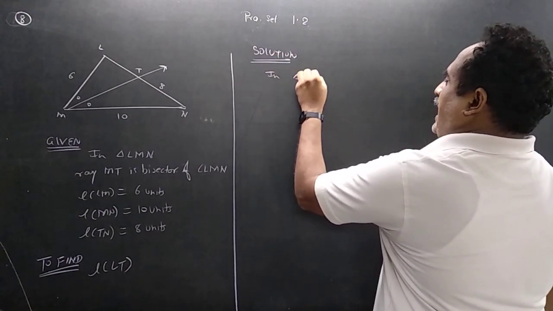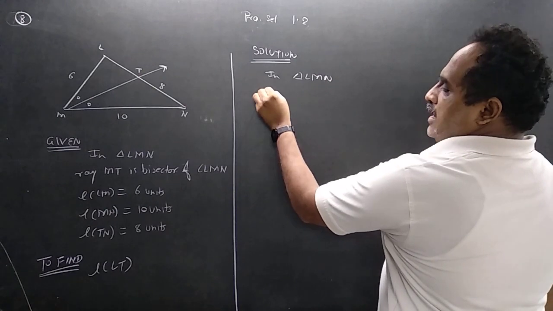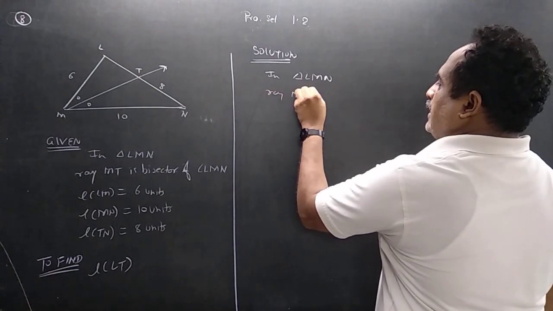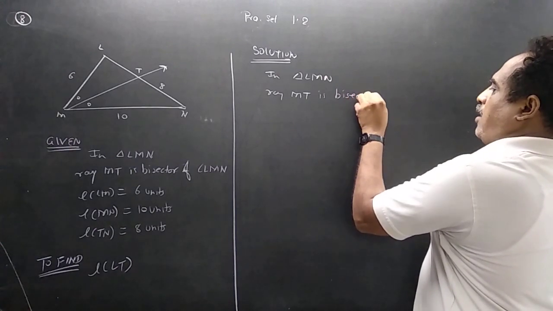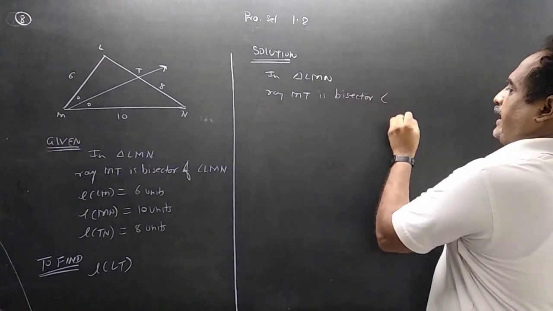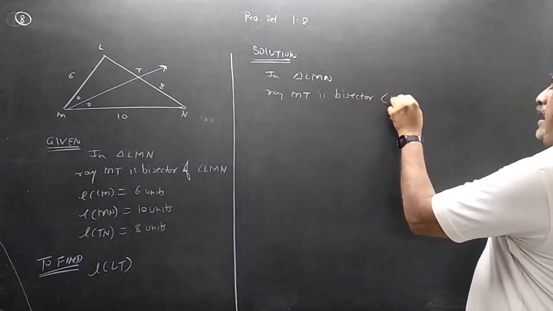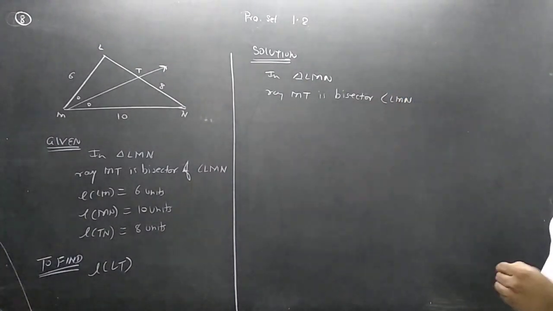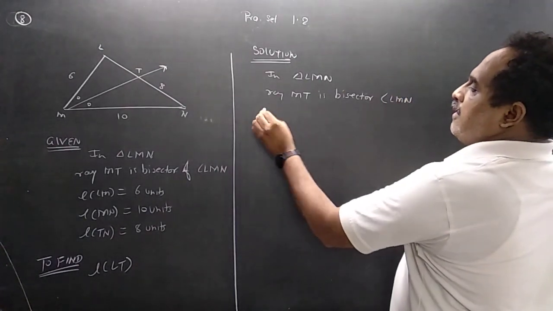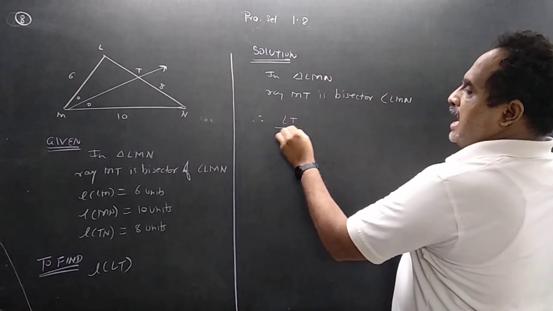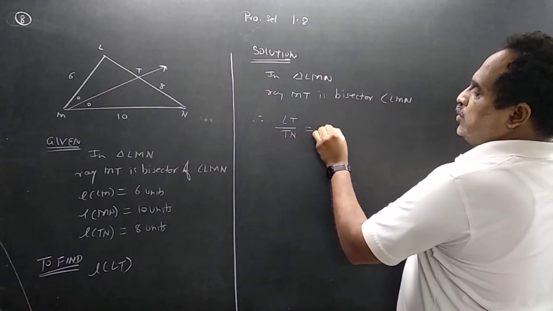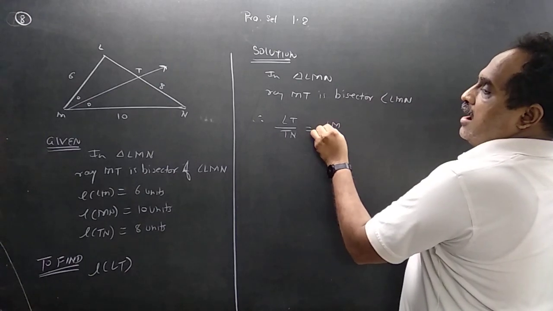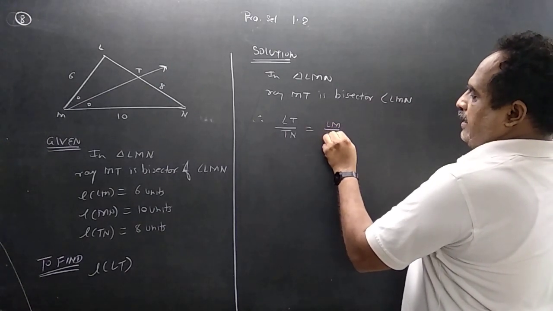In triangle LMN, ray MP is bisector of angle LMN. Therefore, LP upon PN is equal to LM upon MN.